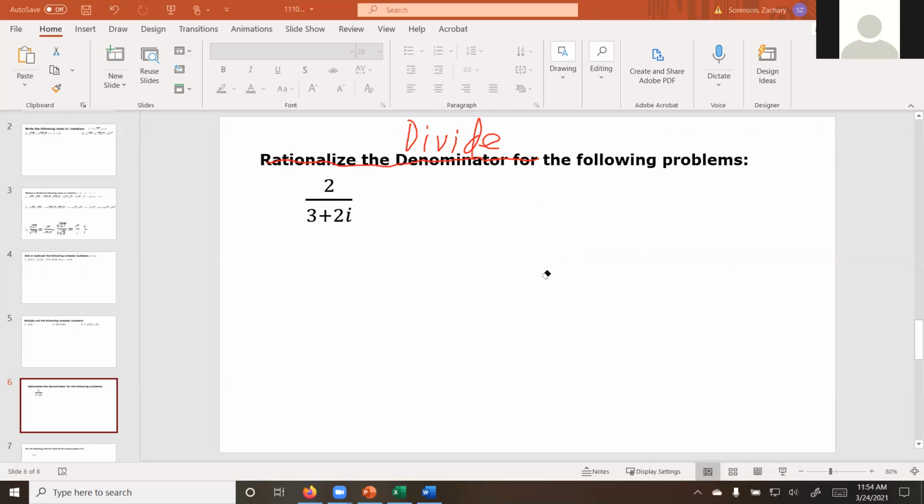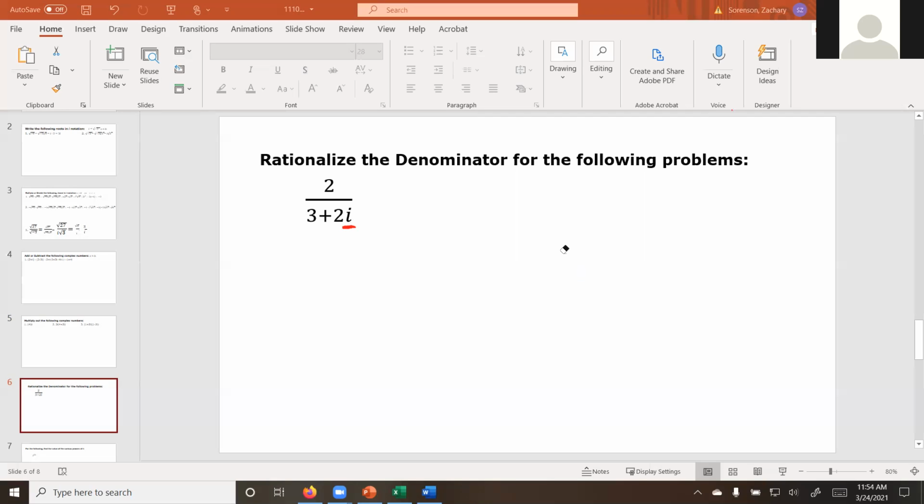I'll try to avoid writing it like that on the exam, but technically what we are doing is dividing complex numbers. I don't like to use that term because almost zero part of this process has to do with actually dividing, but that is what we're doing. At the end of the day, what we're trying to do is we don't like this in the denominator.